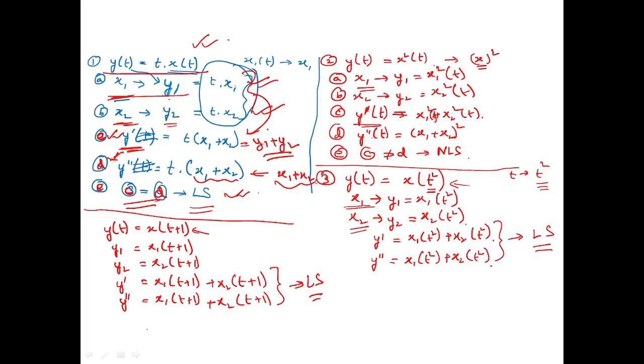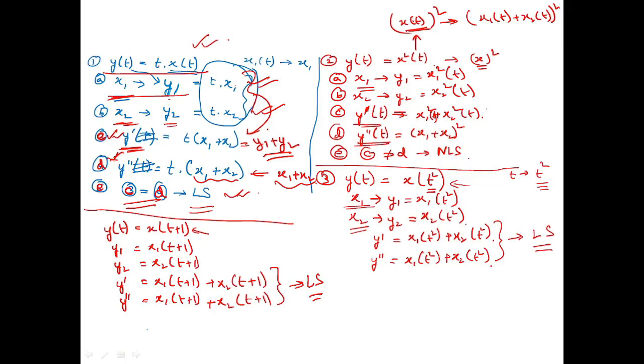Okay, now look into this, y(t), what it should be. So this is basically x of t whole square. Now we have to change this input. So (x1(t) plus x2(t)) whole square. Are you getting my point? We are changing the input signal.